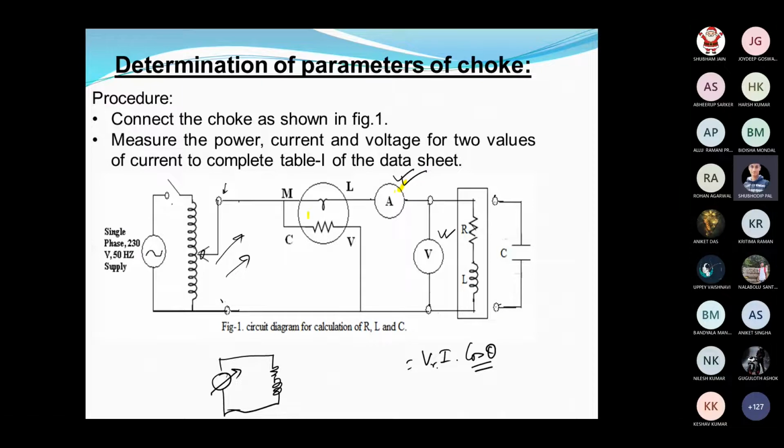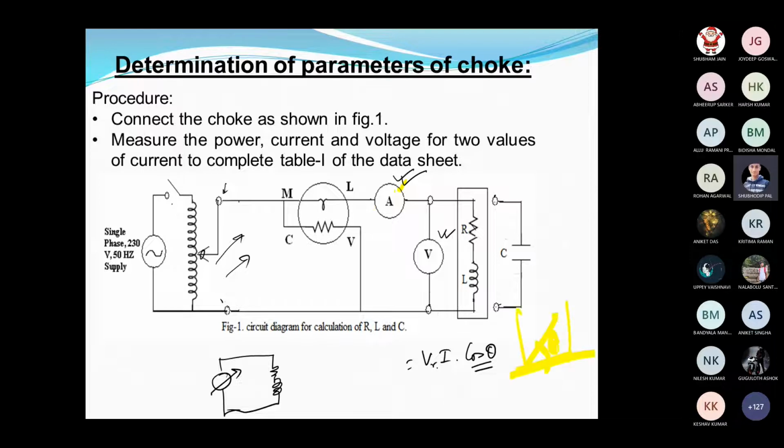Using the ammeter, voltmeter and power readings, we have to find the resistance value and the inductance value, then draw the phasor diagram, and from the power calculations we will get the power factor. From the phasor diagram also we will get a power factor.